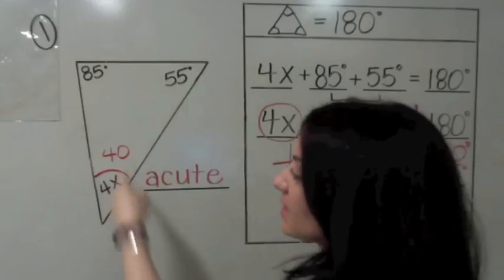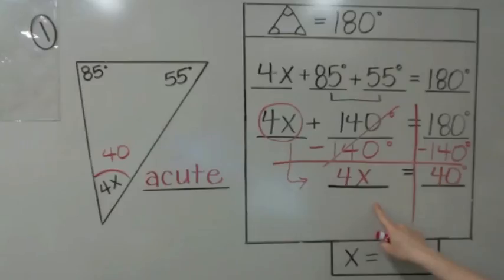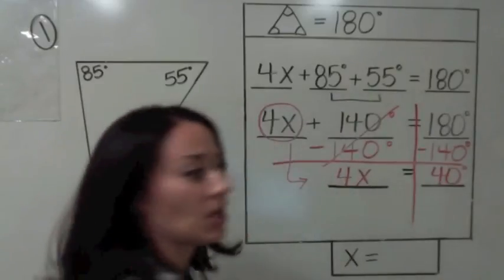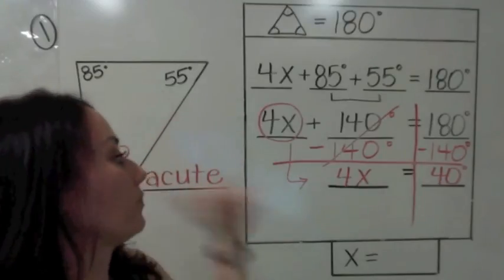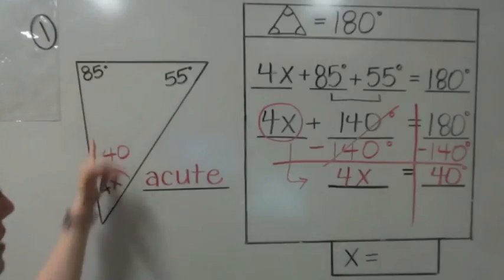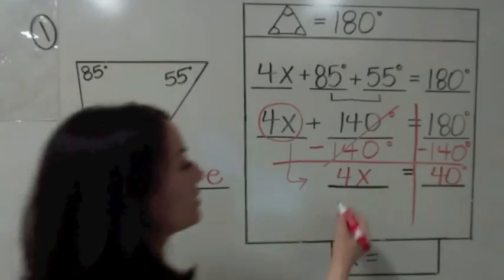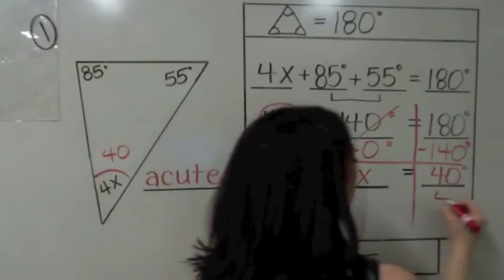If 4x equals 40, what do you think x is? What do you have to do? What is the opposite of multiplication? It's division, right? So you can find what x is if you divide this angle into 4 parts. So we're going to divide both sides by what? You're going to divide by 4, right?